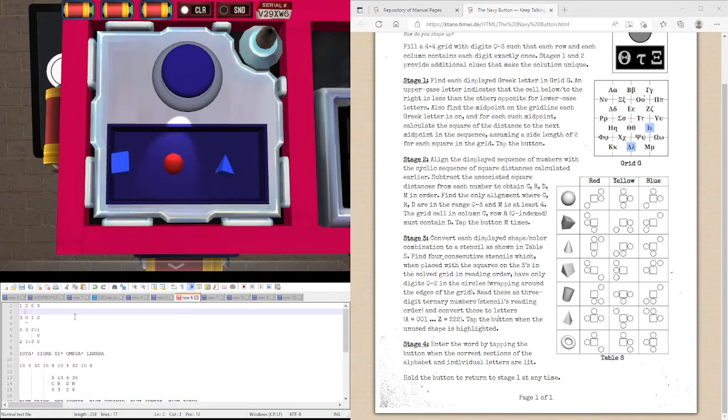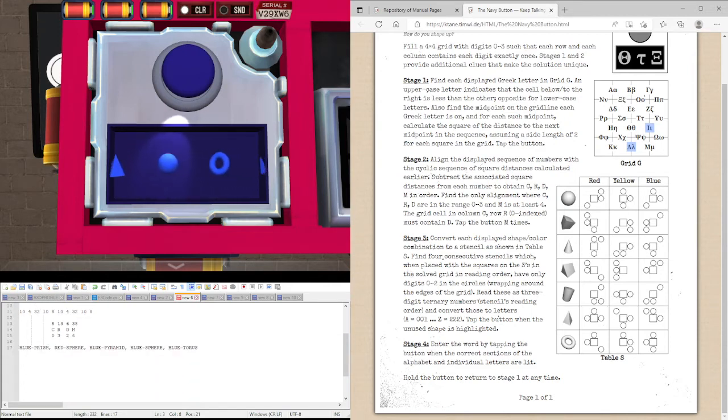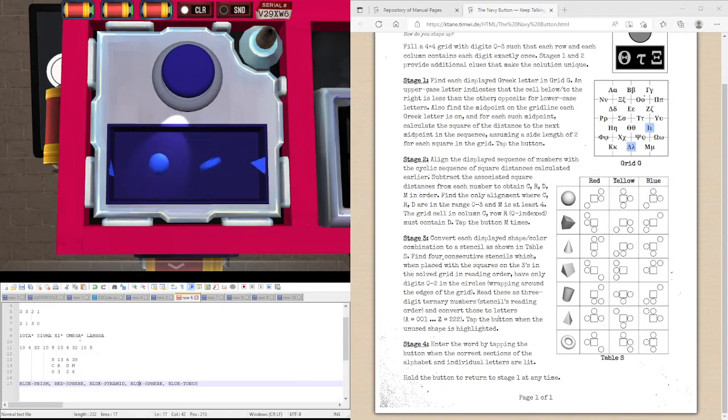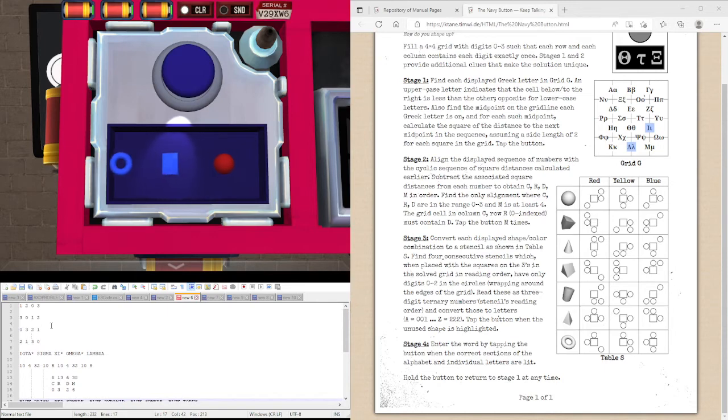We can get rid of these arrows now. So this is our grid. And when we place a square on each of the 3s and read each of the digits, only one starting point will give, in reading order, positions that don't contain a 3 in them.